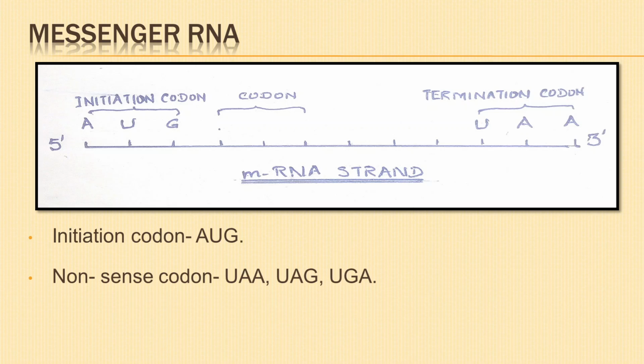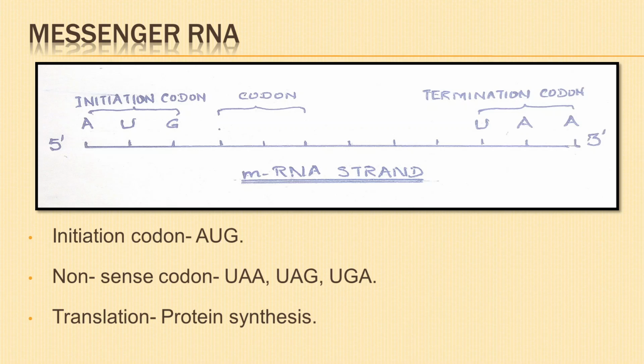UAA, UAG or UGA are nonsense codons as they do not specify any amino acid. They are also called terminators as they indicate that ribosome should stop protein synthesis by translation.